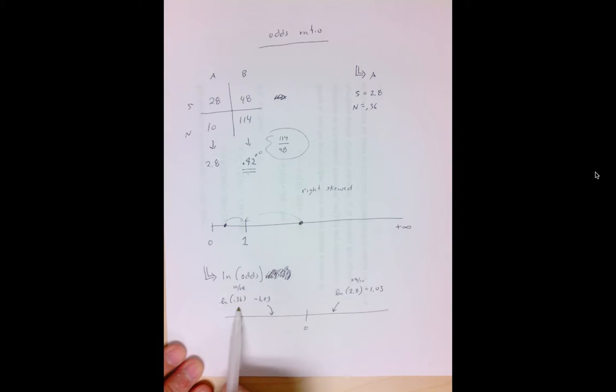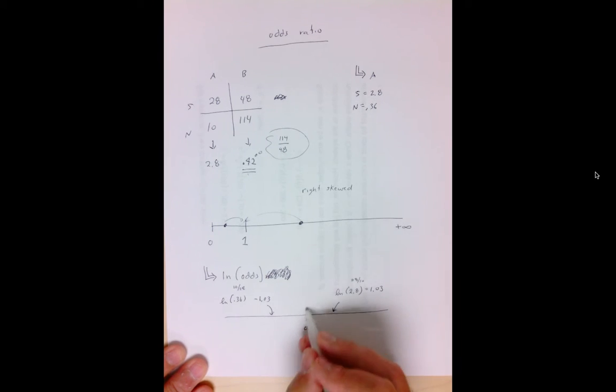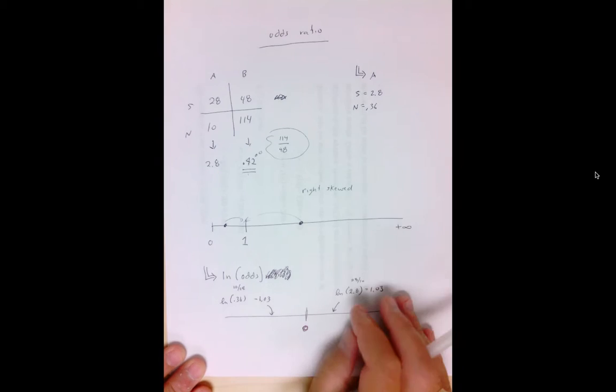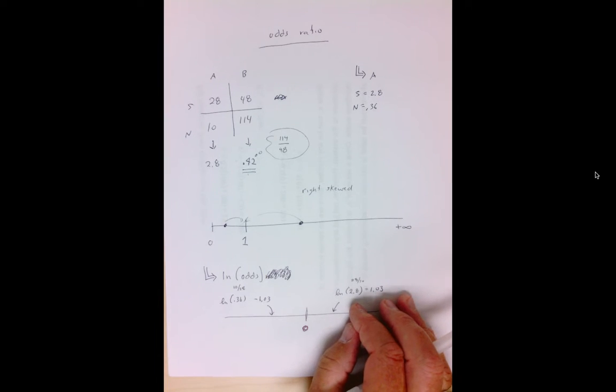So by taking the natural log, we end up getting a distribution, well not a distribution, but a range of outputs that are centered around 0, thinking of like a mean of 0, whereas up here we have a range of outputs that are positively skewed.